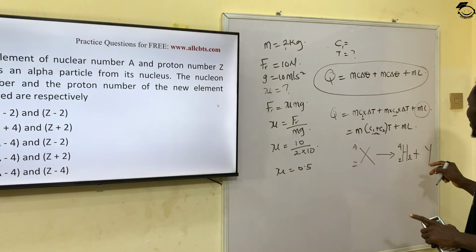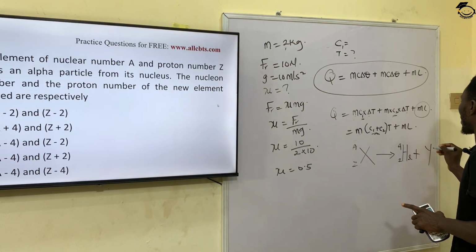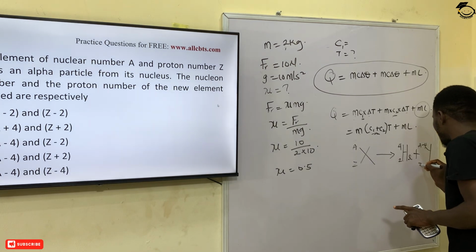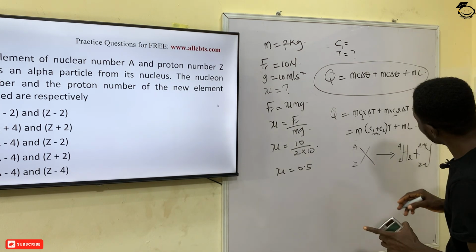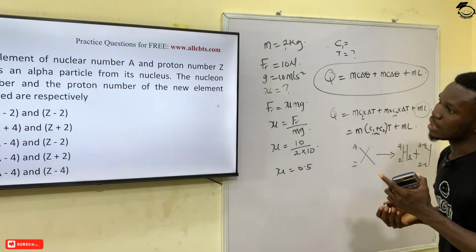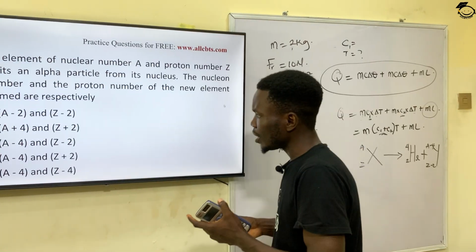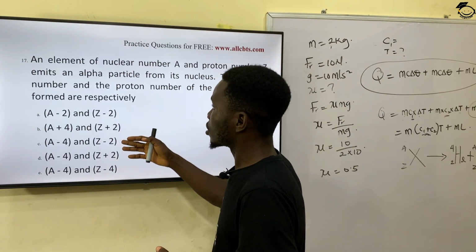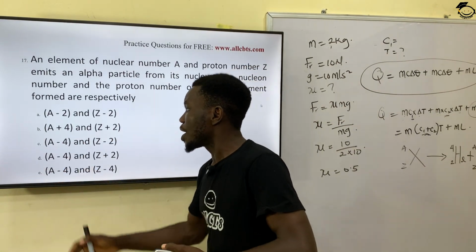It means that what I'll be having on the nucleon number part is A minus 4, and on the proton number I'll be having Z minus 2. So we're looking for an option that has A minus 4 and Z minus 2. So looking at our options here, what we have is option C, A minus 4 and Z minus 2.